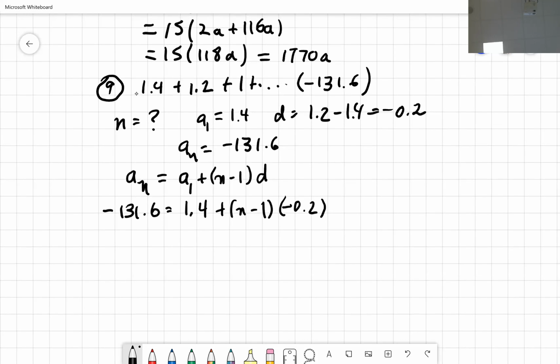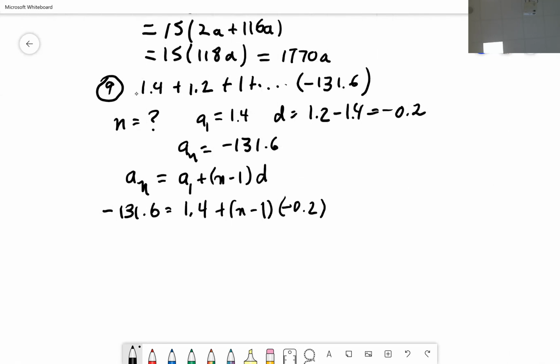So we subtract 1.4 from negative 131.6. That's going to come out to negative 133. Correct? I subtracted 1.4.